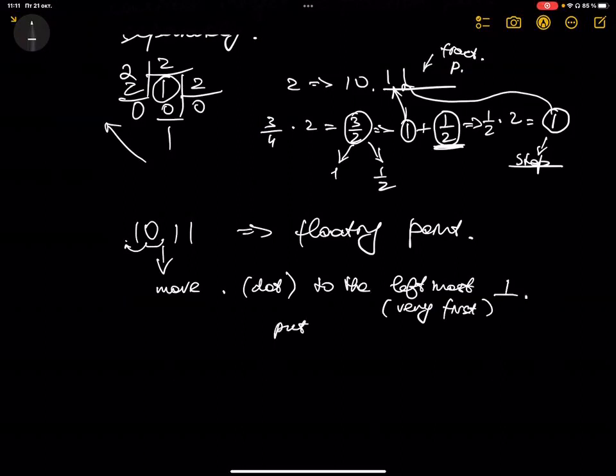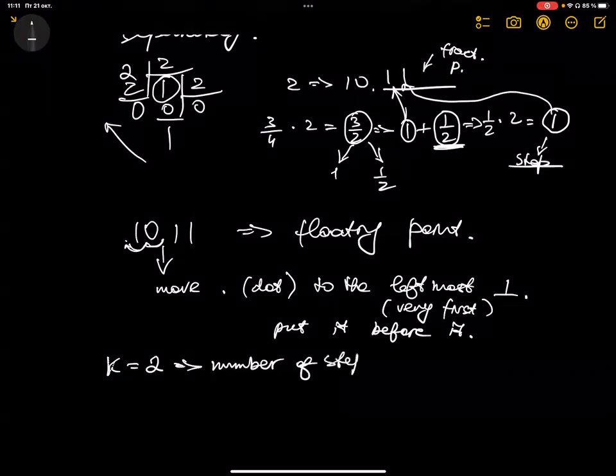Put it before it. In order to move this dot, I have done 2 operations, so k is 2. That means k is the number of steps to move the dot.